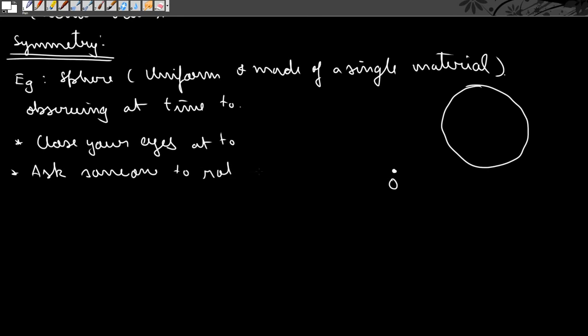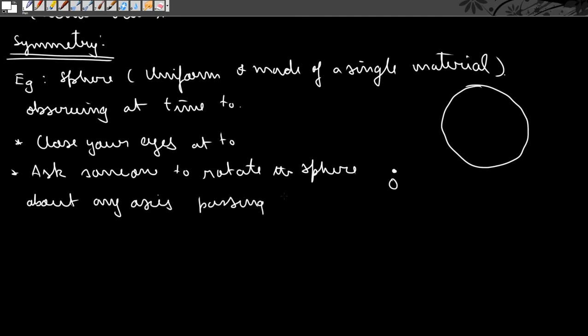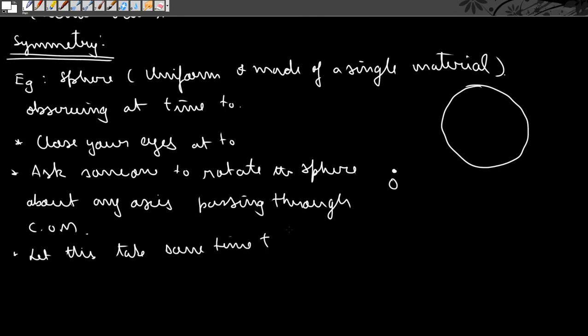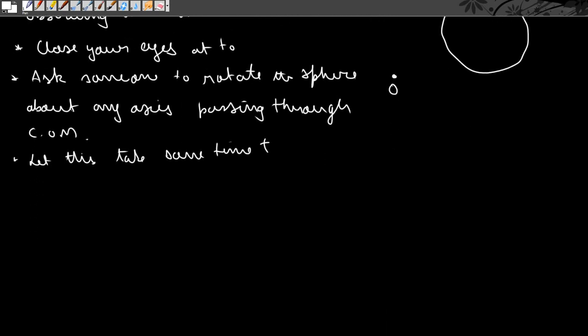to rotate the sphere about any axis that is passing through the center of mass. Let this take some time t, that is, let the person who is rotating the system take some time t to do it.